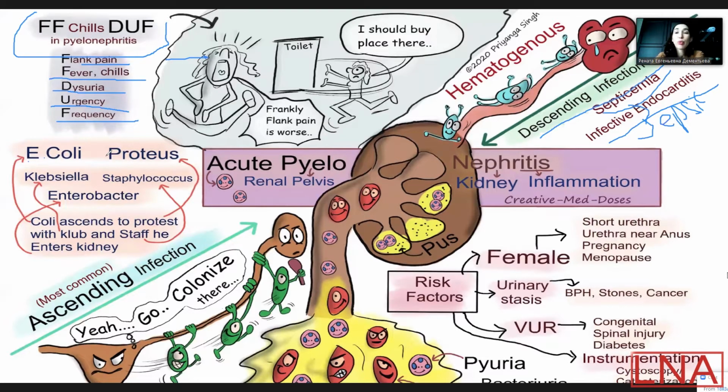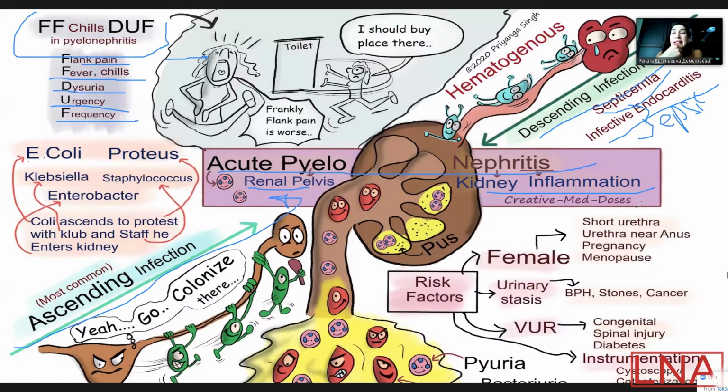All these problems are associated with the ascending way of infection of the kidney. Escherichia coli and other Enterobacteriaceae go up to infect the kidney. And in this case, we can speak about acute pyelonephritis, inflammation of the renal pelvis and kidney inflammation.